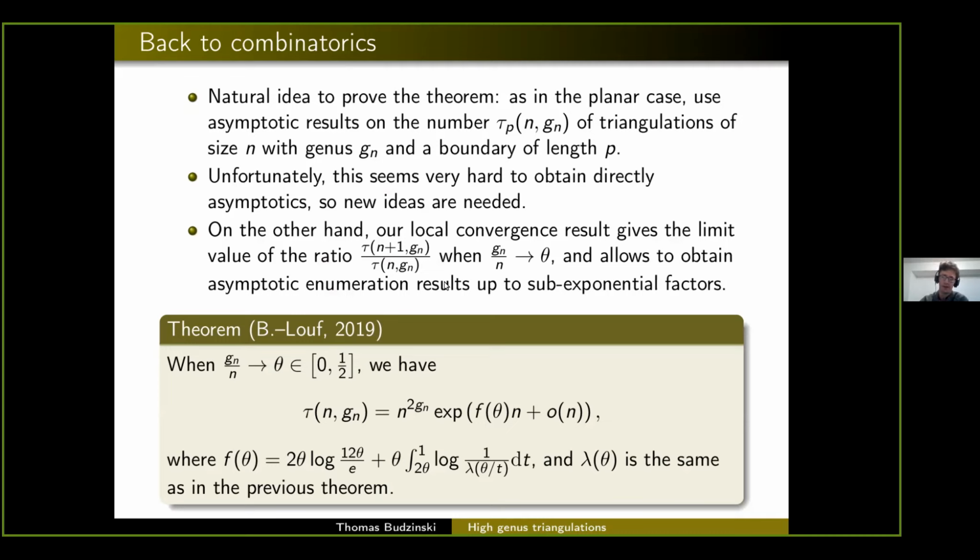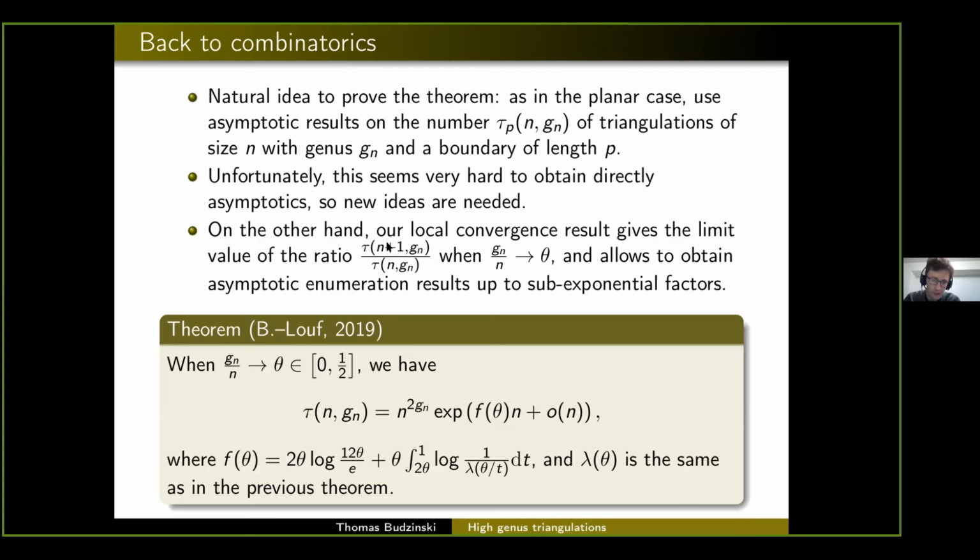But on the other hand, once we have this local convergence result, we can apply the argument of Angel and Schramm, this old argument for the planar case, backwards, and this allowed us to deduce asymptotic enumeration results from the probabilistic convergence result.